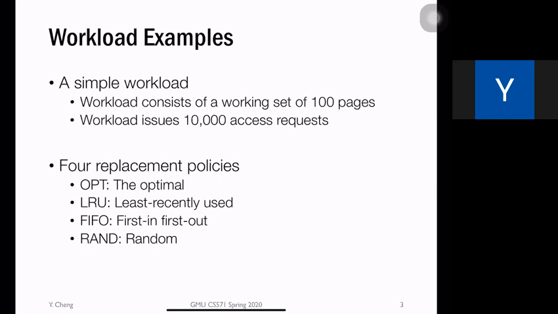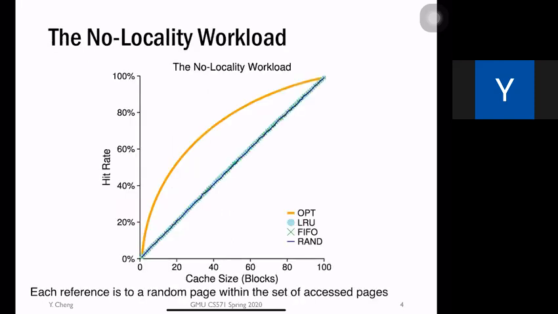Here we're looking at 4 individual replacement policies. The very first one is Belady's optimal, OPT, and then LRU, FIFO, and random. This slide shows the performance for a workload called non-locality.